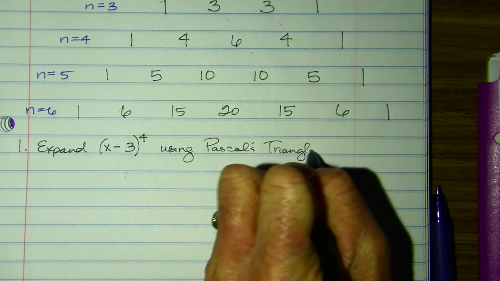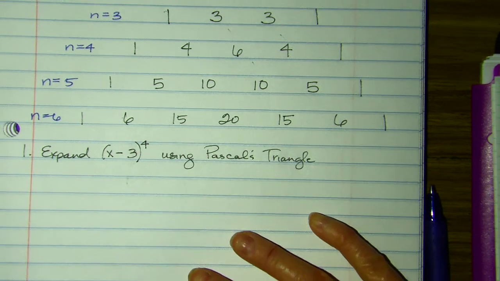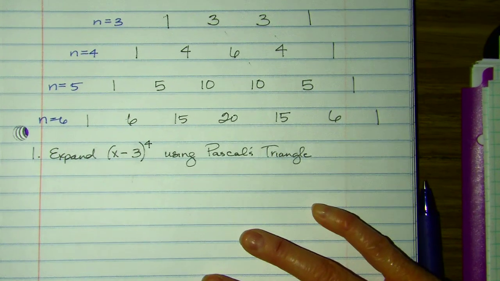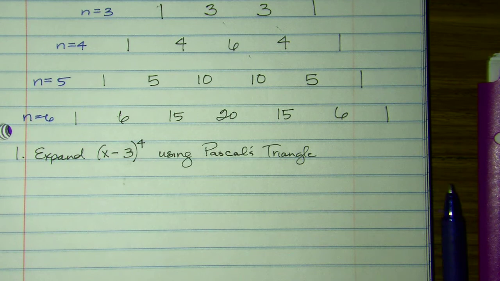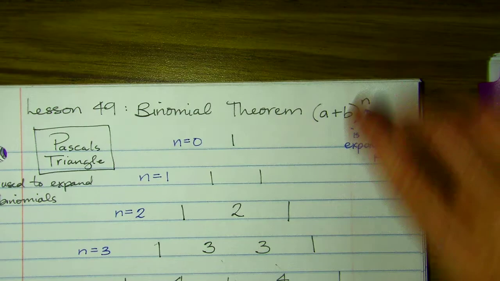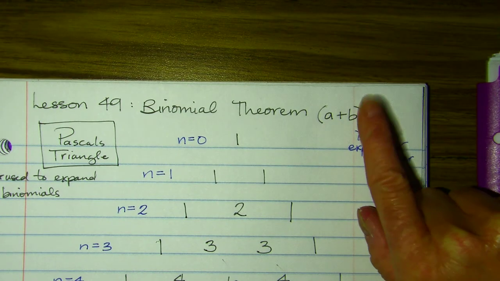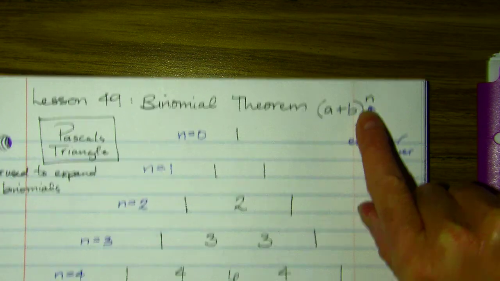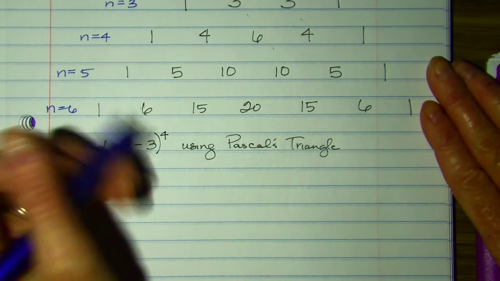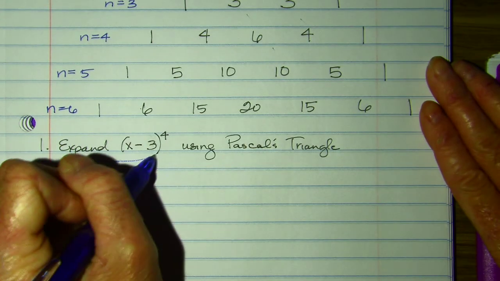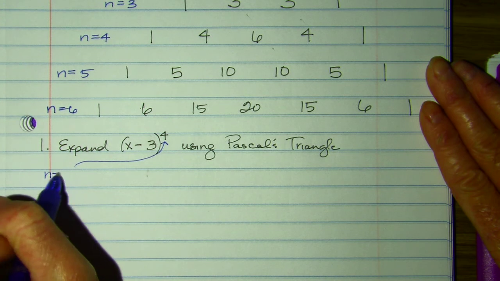Now you don't have to write that part, but okay, so the first thing I'm going to notice is I'm going to label my parts. So for example, I know the first term is A, this term is B, but specifically I'm looking at my power. So because my exponent is a 4, then I know n equals 4.